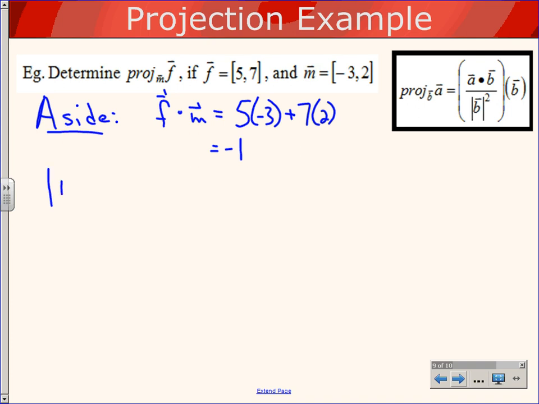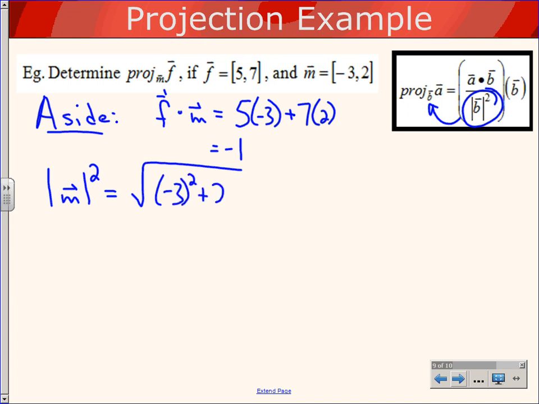And we also needed the magnitude, oops, not vector B anymore. The formula said magnitude of vector B squared, right? That's the lowercase one there, the subscripted vector. Because in this case, it's projection of F onto M. So we need to get the magnitude of vector M squared. So the magnitude of vector M would be the square root of minus 3 squared plus 2 squared, right?